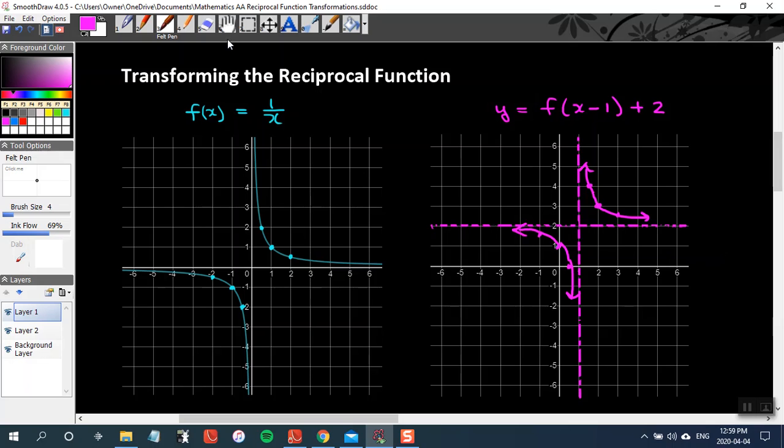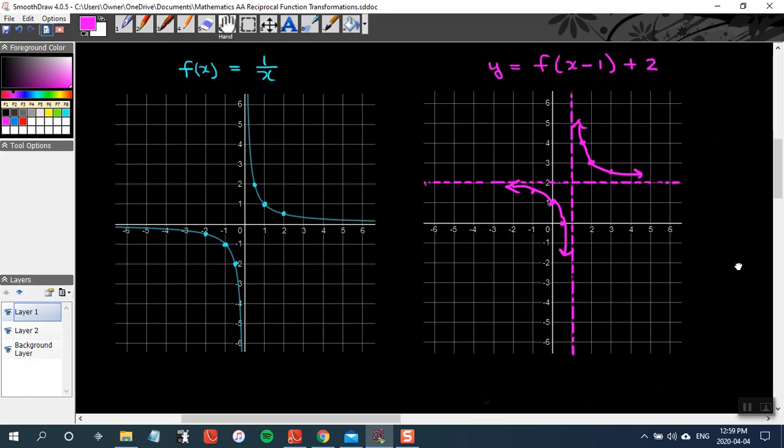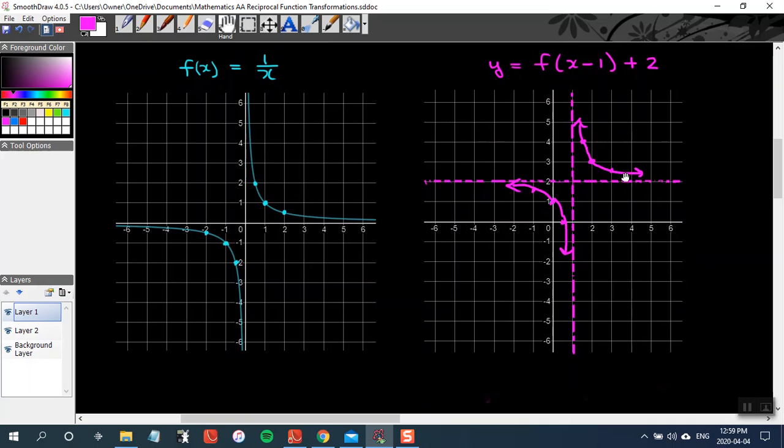And before we move on, let's have a quick look at, what is the equation of this function? Because of course that gets confusing because this is an equation, but this equation is designed to describe the transformations that happened to go from 1 over x into this graph function that you see in front of you. So what is the actual equation for this transformed reciprocal function?